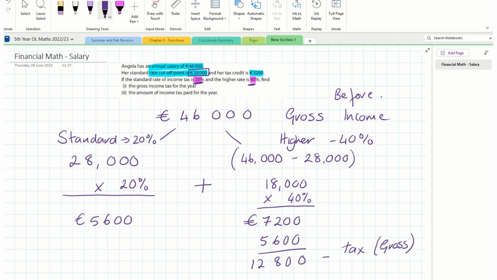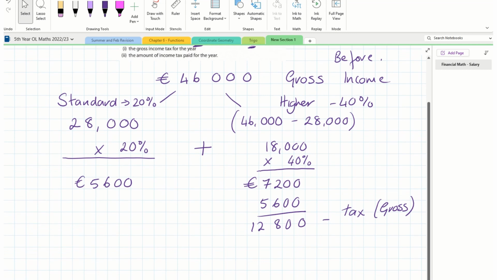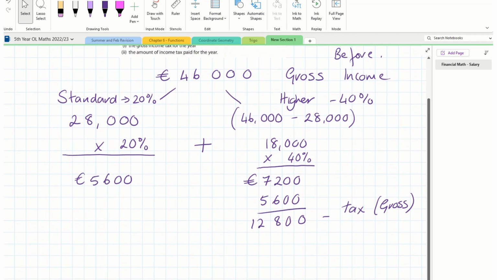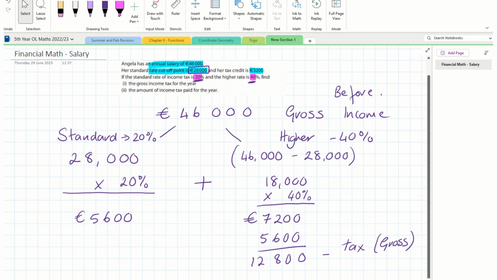Now that is her tax, but we call this her gross tax. And that's because we haven't applied her tax credit yet. So the tax credit is given to Angela, it's given to every earner in the country to reduce their tax bill. So what we need to do with the tax credit is subtract that from the gross tax. So we see that her tax credit is 3,200.